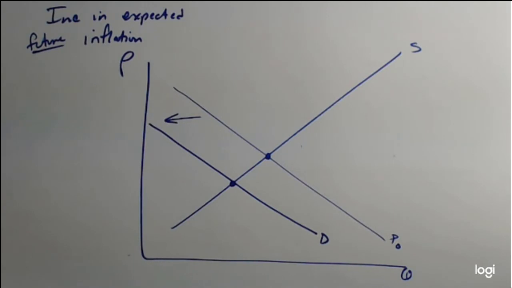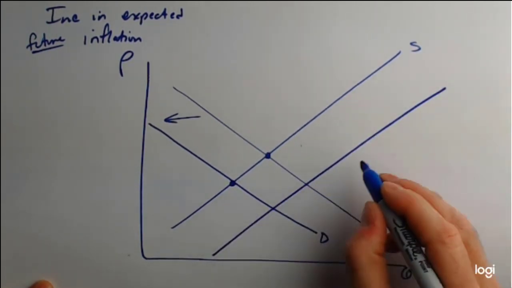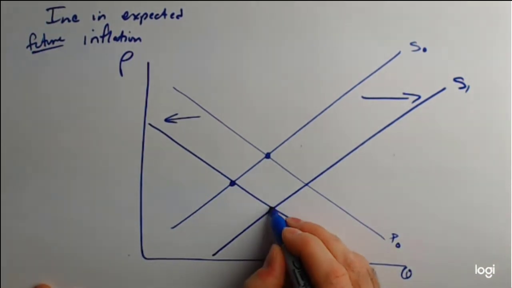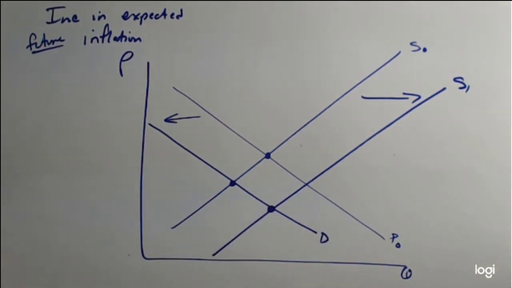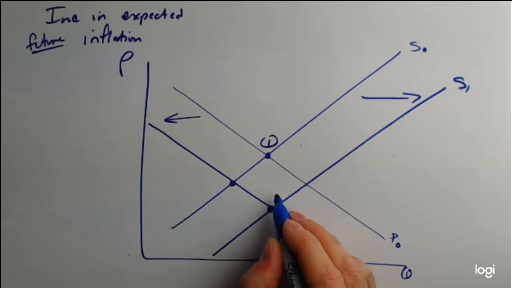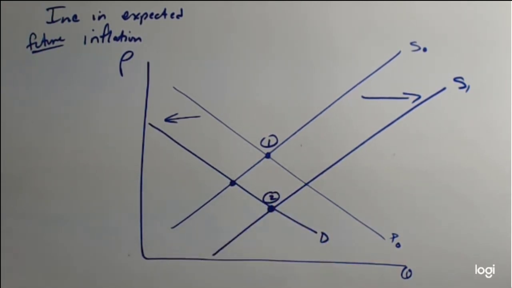Now with supply, we said only a few minutes ago that an increase in expected inflation leads to a supply shift out. Supply shifts out, and we're at a new point right here. We started out at this point and ended up at this point, call it point 2.